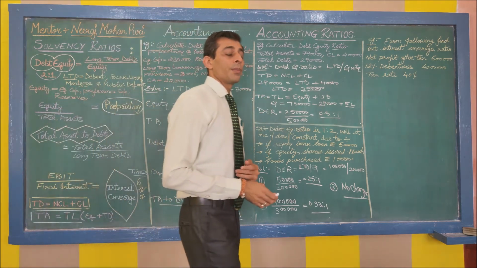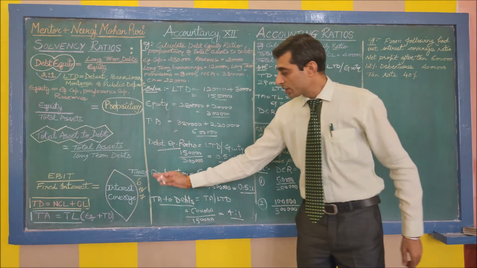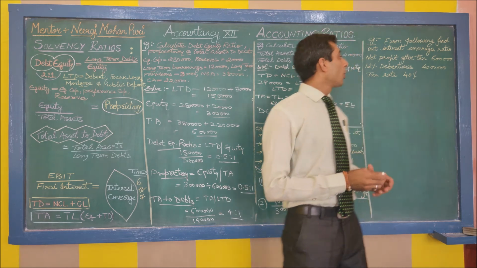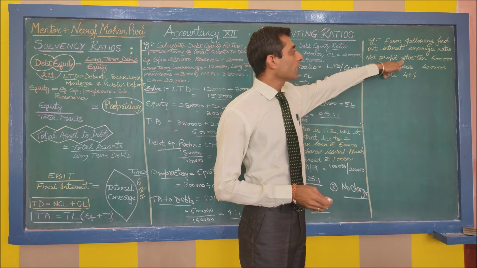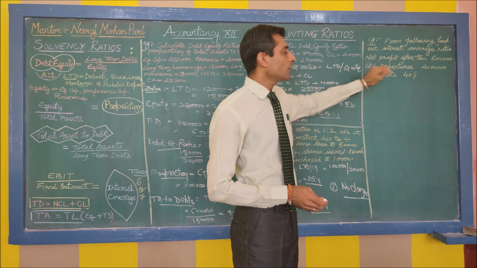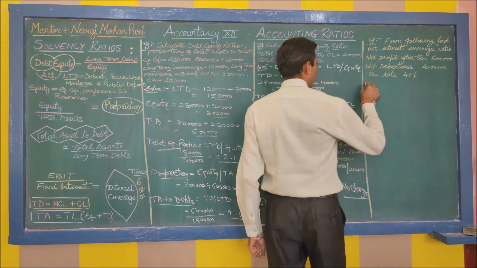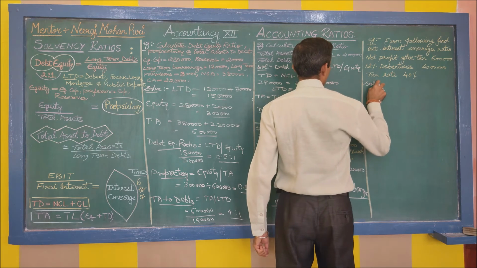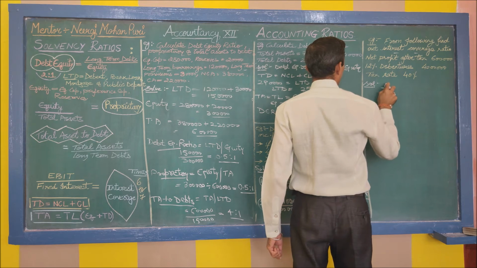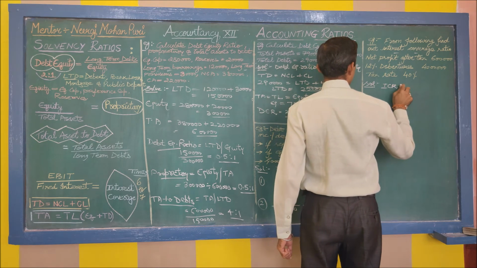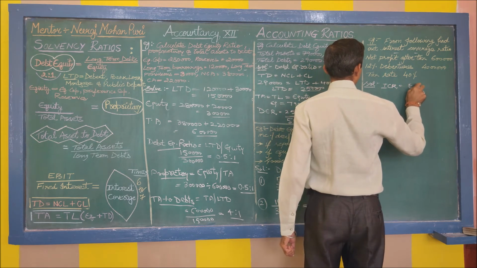Moving on to the last and important category, that is about interest coverage ratio. For this sum, we have been given net profit after tax. 12% debentures, tax rate is 40%. What we need to calculate is interest coverage ratio. Formula for interest coverage ratio is EBIT.